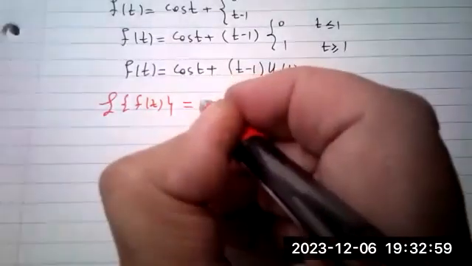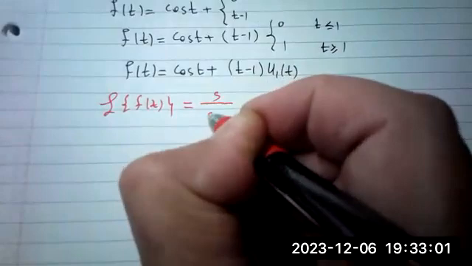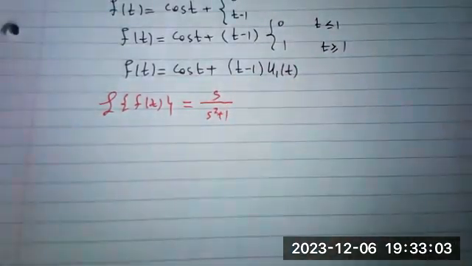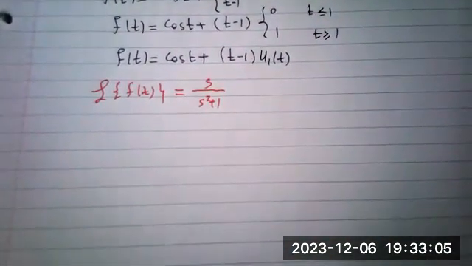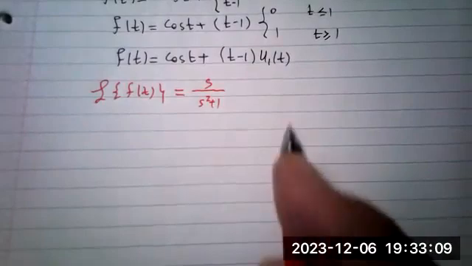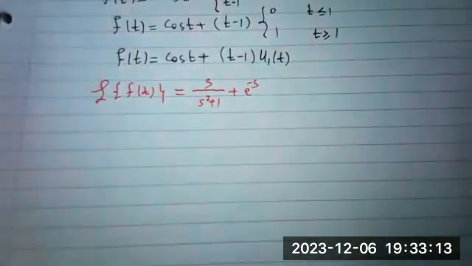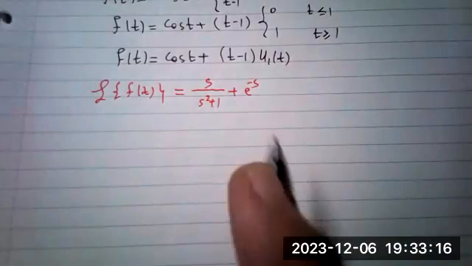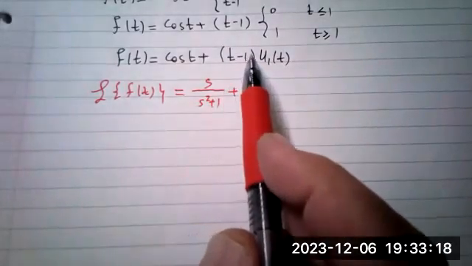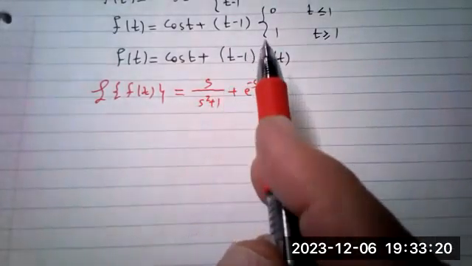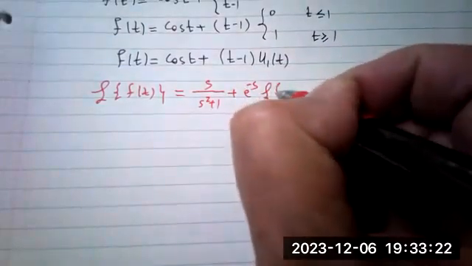Laplace of cosine is s over s squared plus 1. The second one, because of the u1 of t, remember you are going to have an e to the negative s. And the rest, remember, the function is t minus 1. But you have to find the Laplace of t.